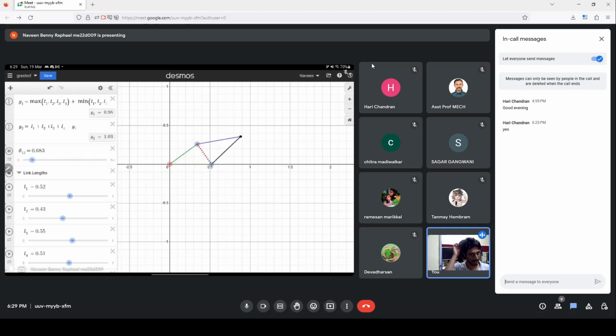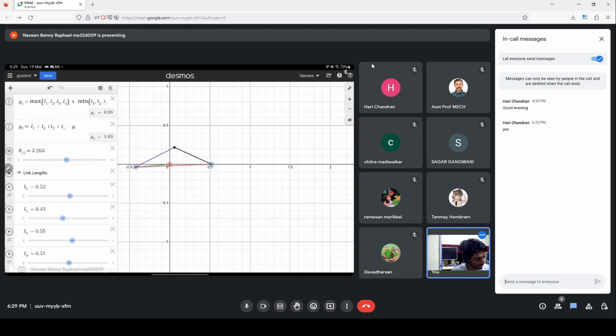That's what Grashof's criterion says. Only if this condition, G1 less than G2, is satisfied, only then will one of the links be able to do a pure 360-degree rotation about the other.